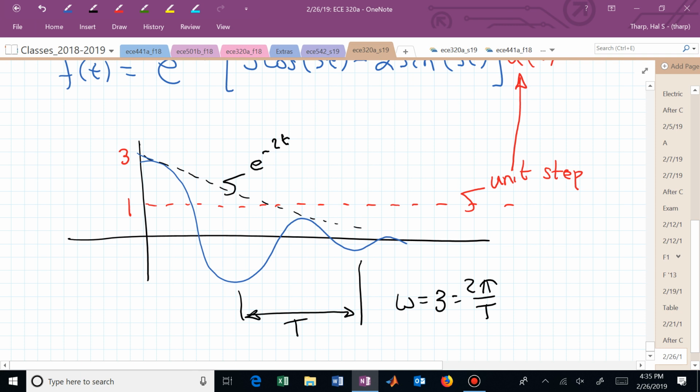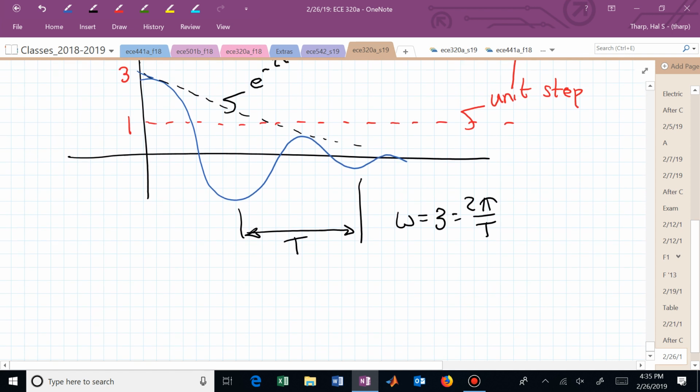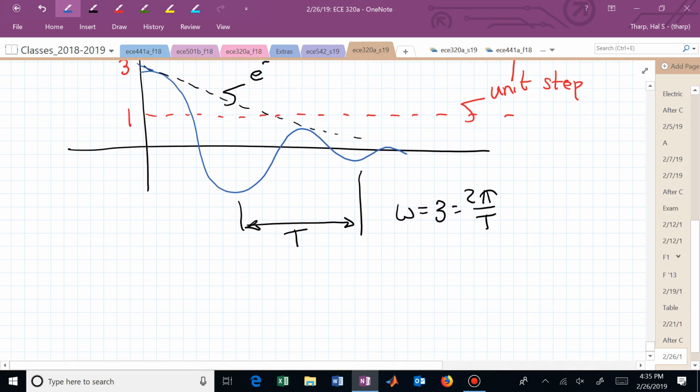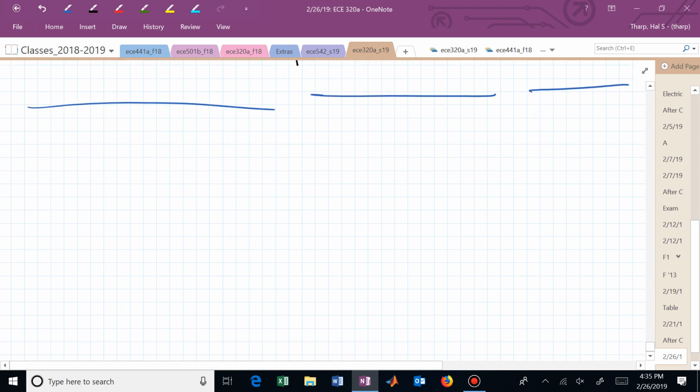So you'd go 0 to 3 for the time interval that you're plotting this. I'm going to move on. But you should get comfortable with that unit step as a switch. That's all it's being used as.